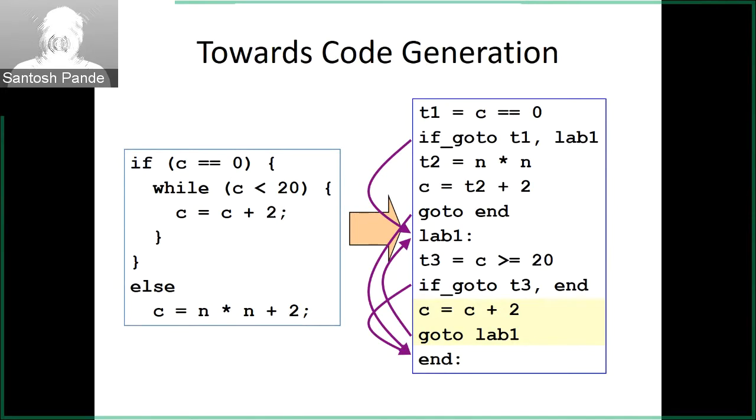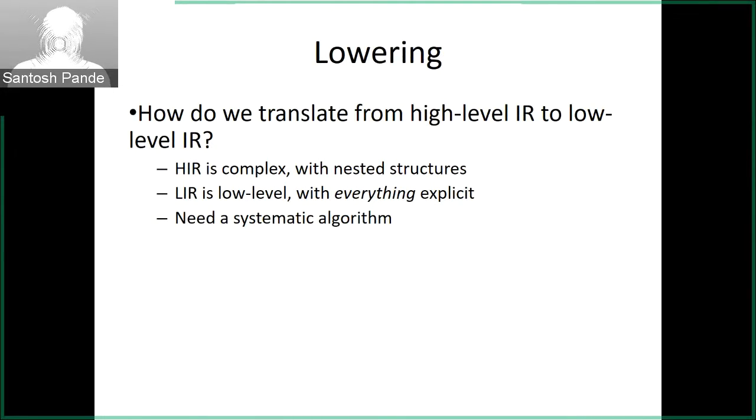So now let's look at how the code generation mechanism that I just mentioned is really implemented, by descending down the trees and by using the corresponding templates for each one of these types of statements. So, we have high-level IR, which is basically AST, as in our case, with nested structures. And we are generating here the quad, where everything is explicit.